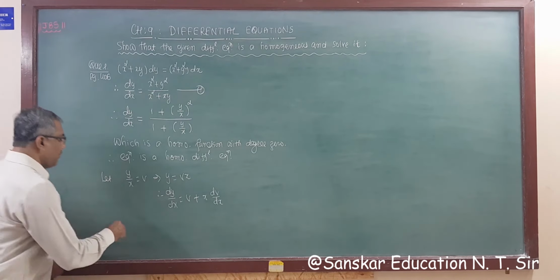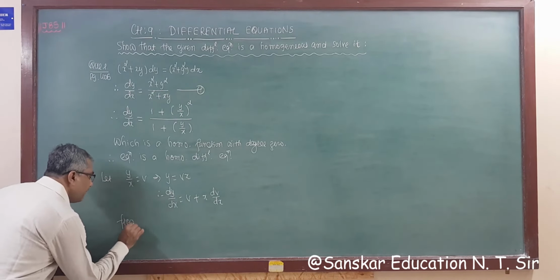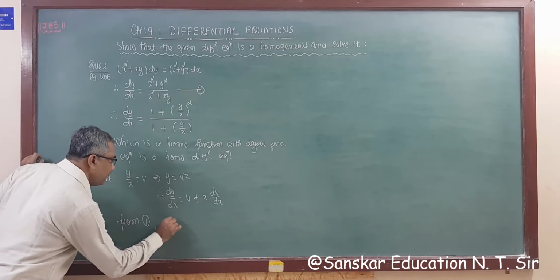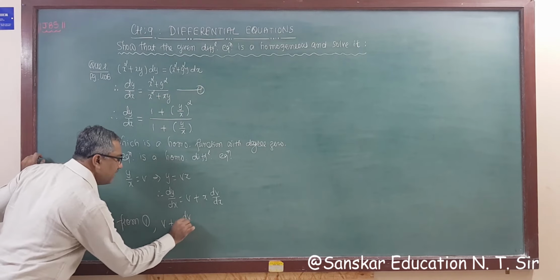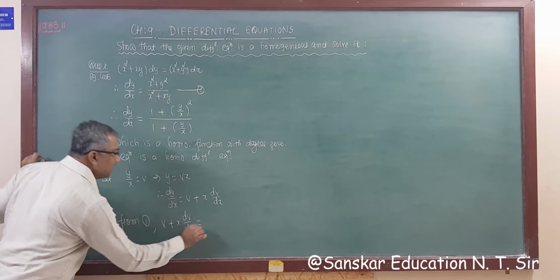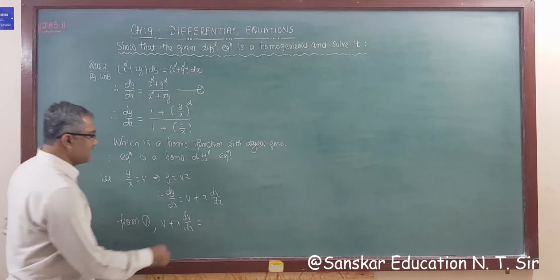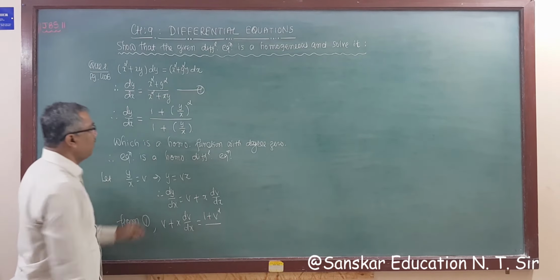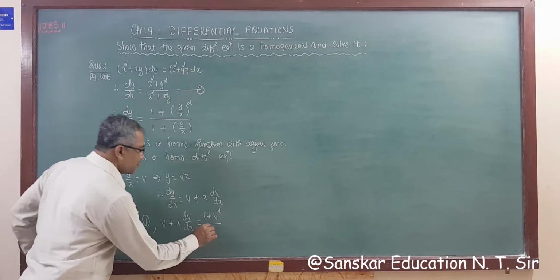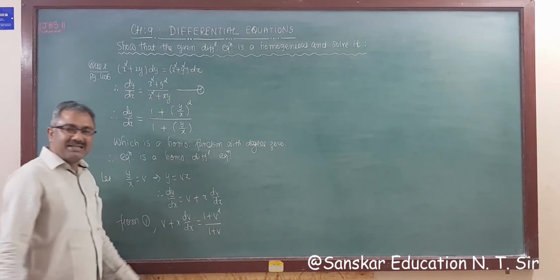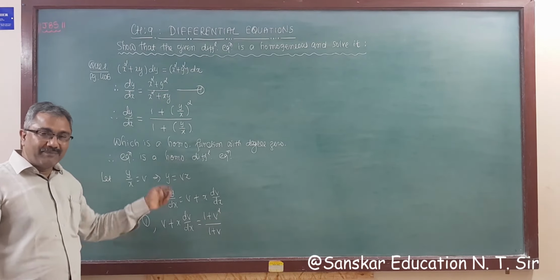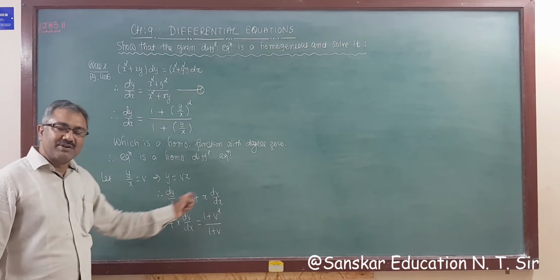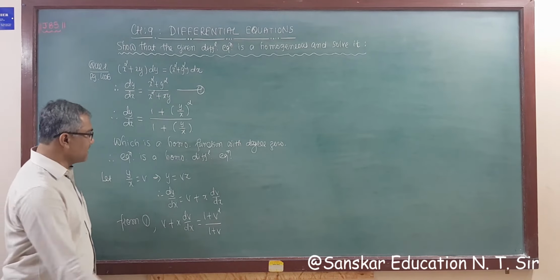So from 1, what we get? dy by dx, that is v plus x dv by dx, is equal to 1 plus v square whole upon 1 plus v. For changing this equation into variable separable form, if possible, we have to take minus v here. Then that is plus v there, so it becomes a minus v.